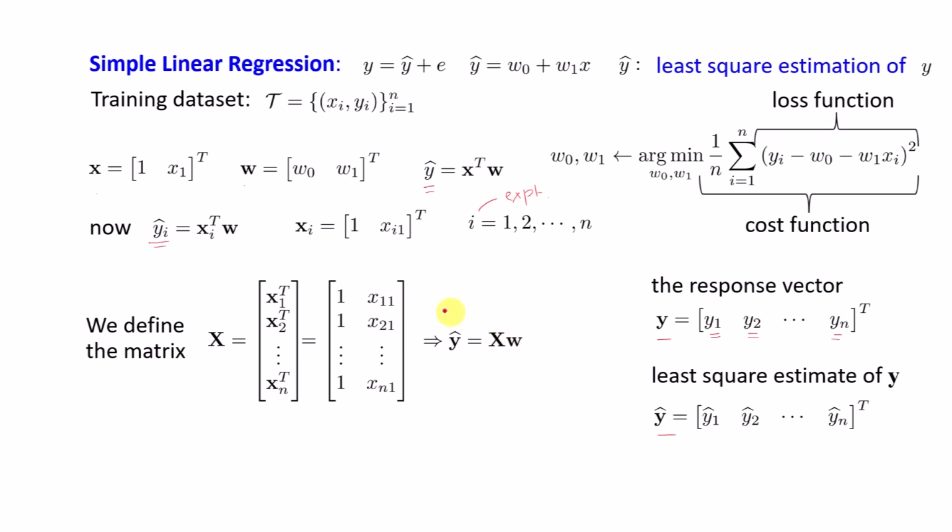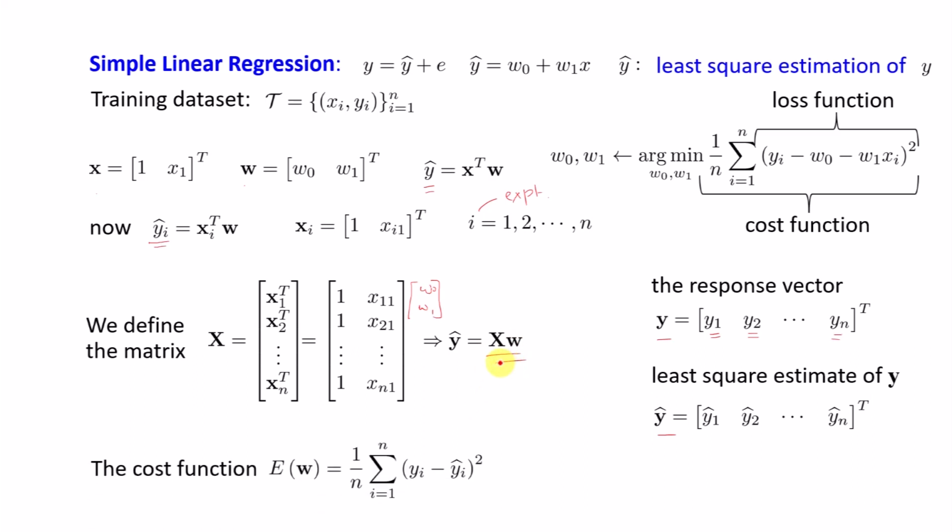So here w is only a two-dimensional vector. When I multiply this matrix with the two-dimensional vector w, that is w0 and w1, the first element of this y hat vector will be w0 plus x11 w1, the second element will be w0 plus x21 w1, etc. I will have n elements of this column vector y hat, which is equal to Xw.